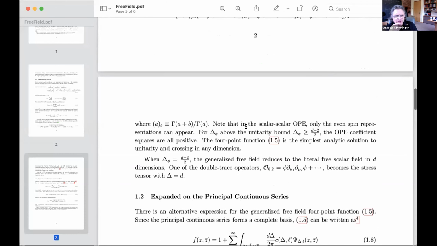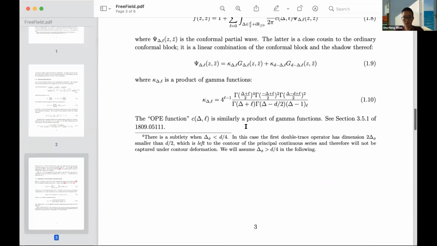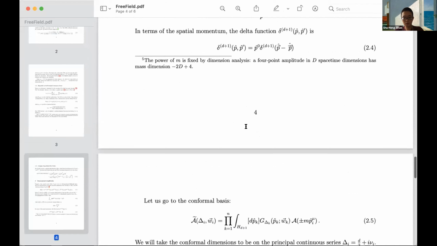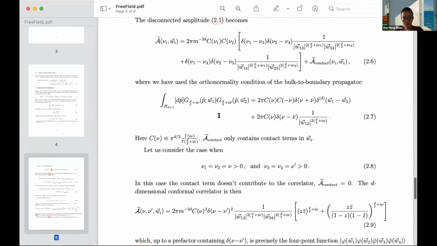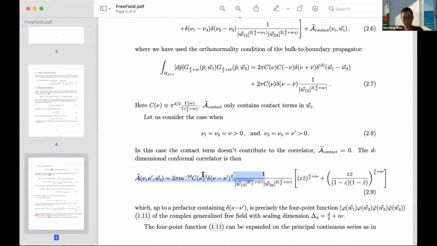What was the prefactor? This sine pi beta was a prefactor. That's true, but here is a different prefactor. I think everything will work exactly in the same way, except for this. I think this is the analog of your 1 over sine. That is exactly the analog. It becomes a delta function when you go to some limit.